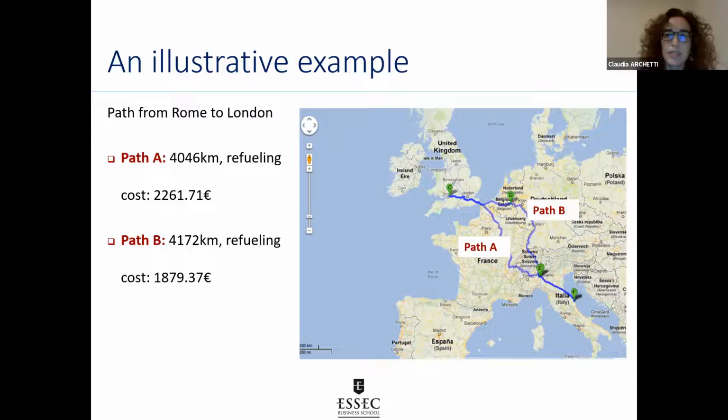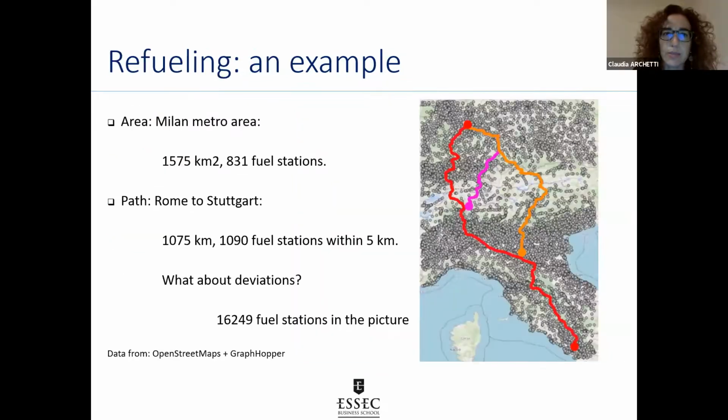So starting from this example, we started the study of the problem, and the first thing that we did was, okay, we want to devise a tool that works on the road network, right? Because given that this has to be implemented in the company's framework, we have to interact with the road network.